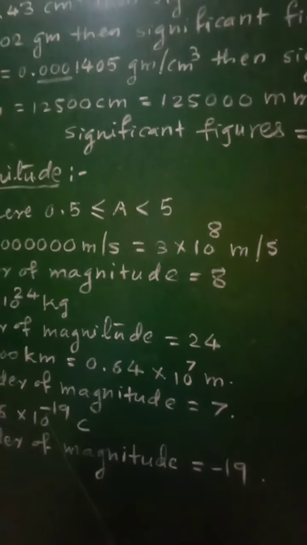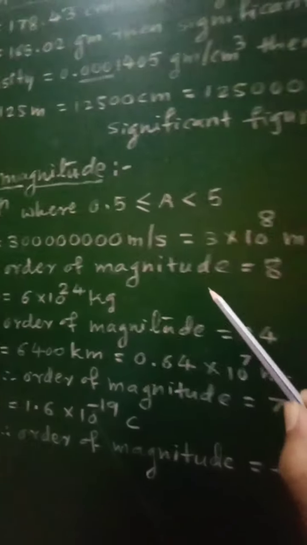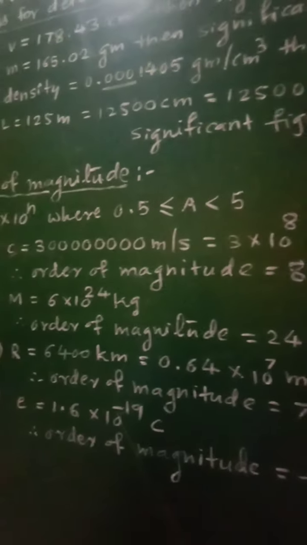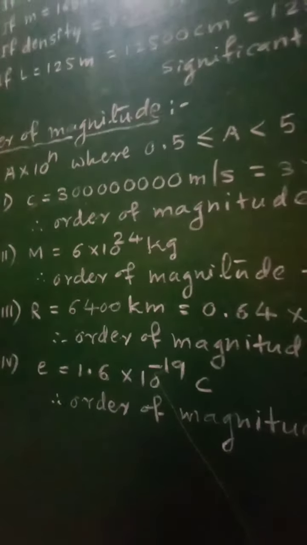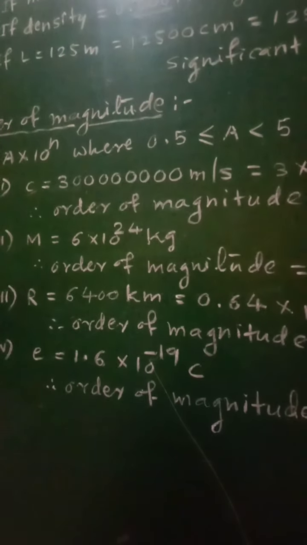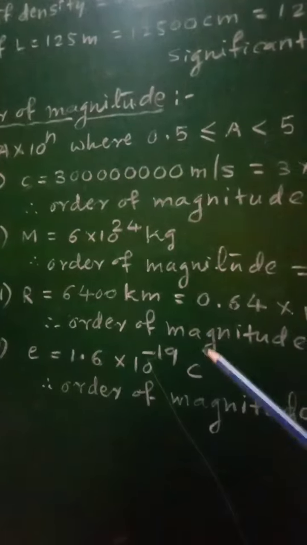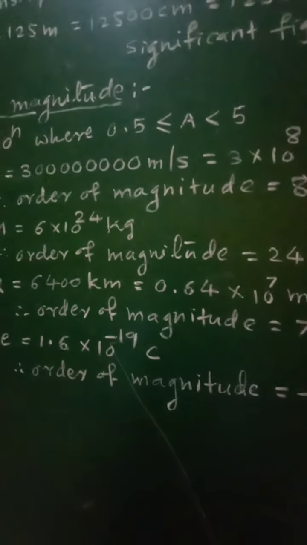It is expressed in terms of SI units, and therefore the order of magnitude will be equal to 8, that is the power of 10. Similarly, for the second example, the mass of the earth is equal to 6 into 10 raised to 24 kilogram. Therefore this 24 will represent the order of magnitude.